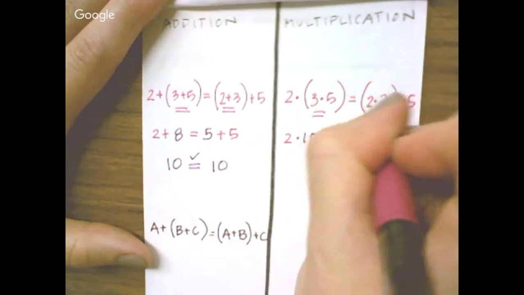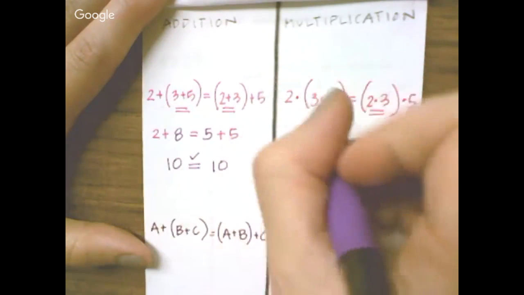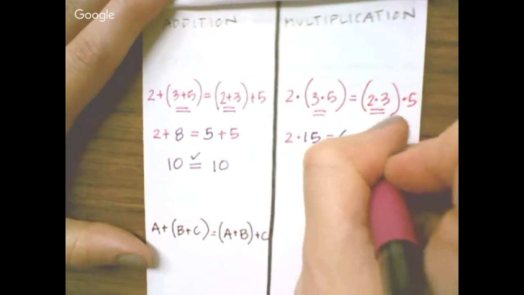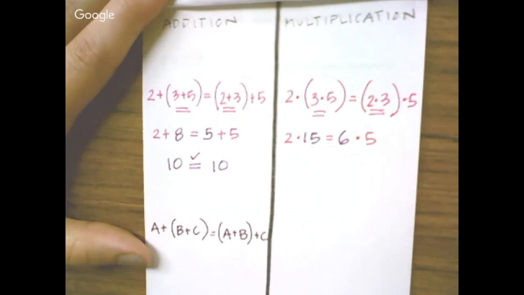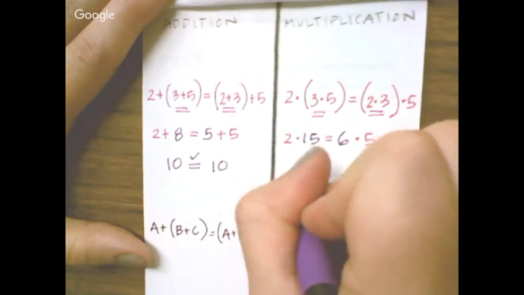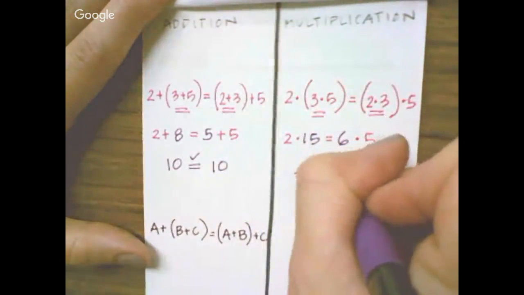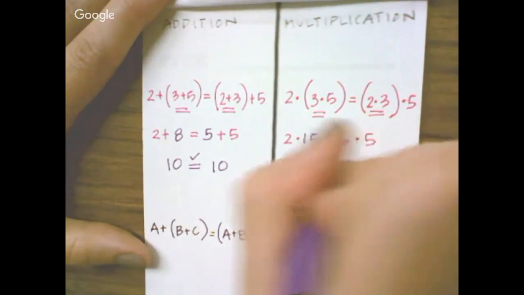Should be equal to, in parentheses, 2 times 3 is 6 multiplied by 5. Well, 2 times 15, that is 30. And 6 times 5, that is also 30. So that is in fact true.